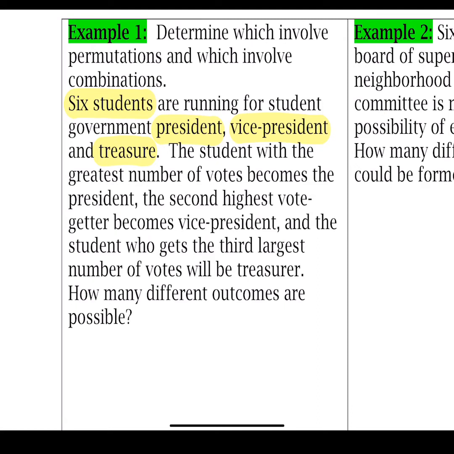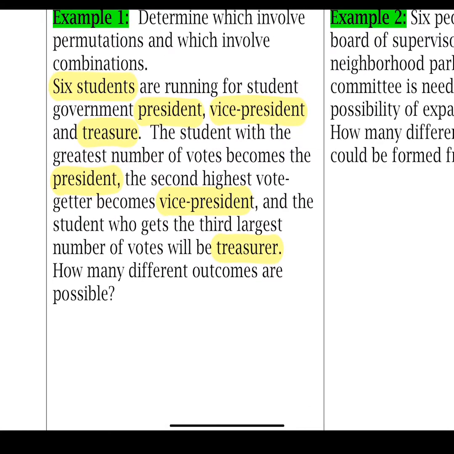Now let's read the next step of the problem. The student with the most votes becomes the president. The second highest becomes the vice president. The third highest becomes the treasurer. Tell me, is this a permutation or a combination? I'm going to draw different people.